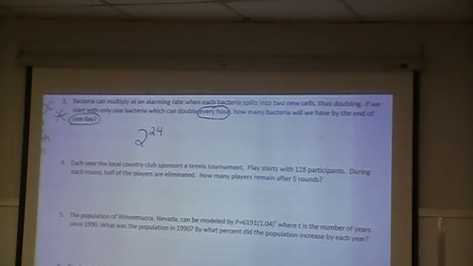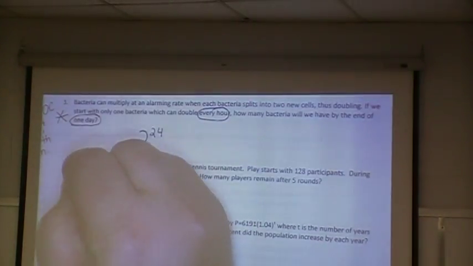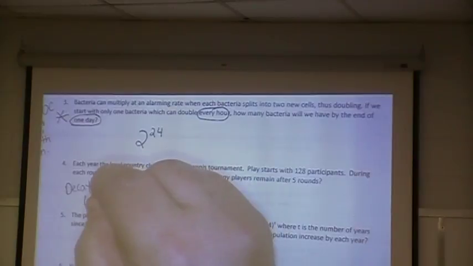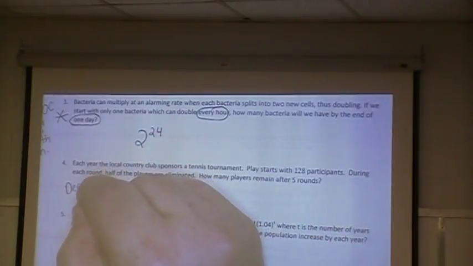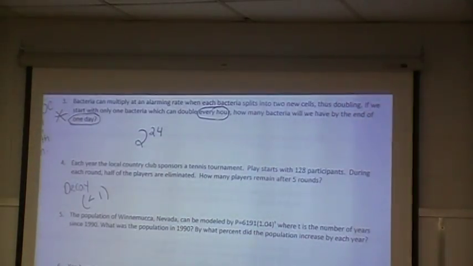On number 4, is it an example of growth or decay? Decay. So then that means my parentheses has got to be less than 1. How many do you start with?